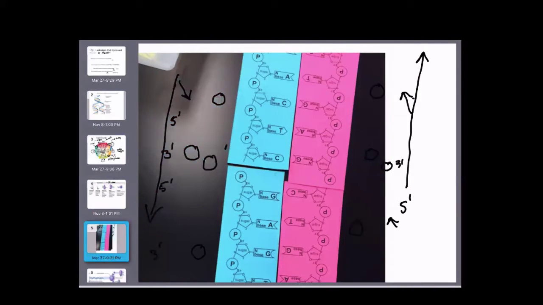And so you can see also from just the direction of the sugar that this strand is going in the opposite direction. So when we look at our basic strand of DNA, it runs anti-parallel in opposite direction. And that's really important, because when you do DNA replication, DNA polymerase, the enzyme that adds nucleotides one base pair at a time, it can only work in one direction.